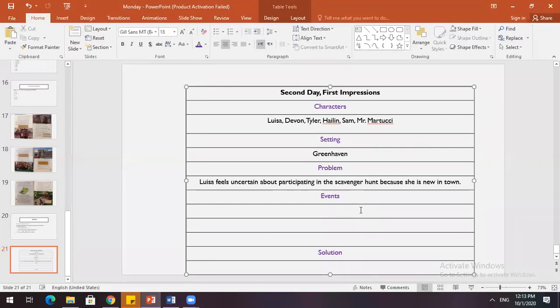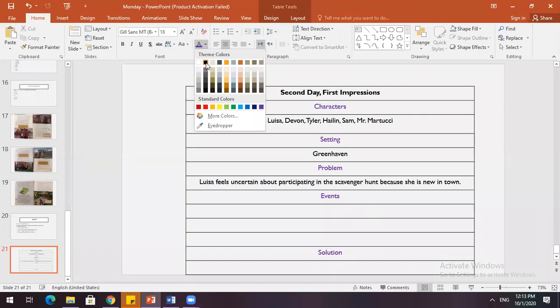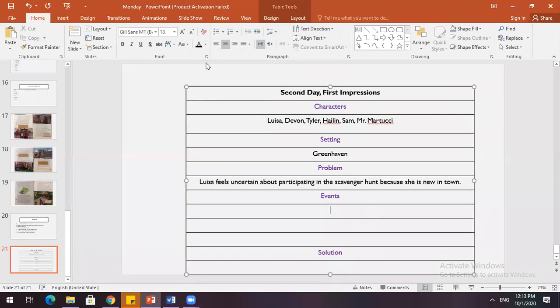All right. What events happen in the story that lead to our solution? Who knows? Amgad? So what are some of the events that lead to our solution?